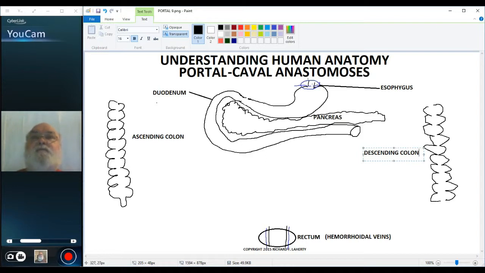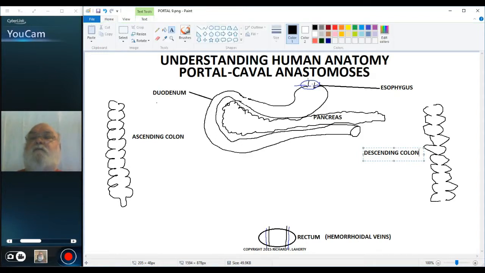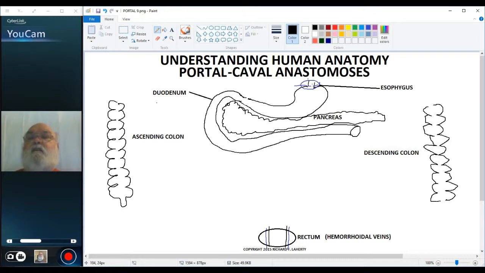The last area I want to mention are the para-umbilical veins. So let me sketch in a liver.